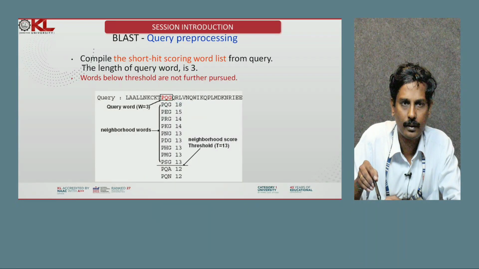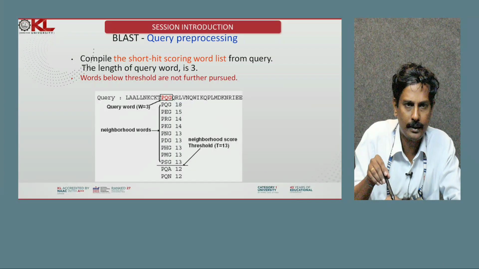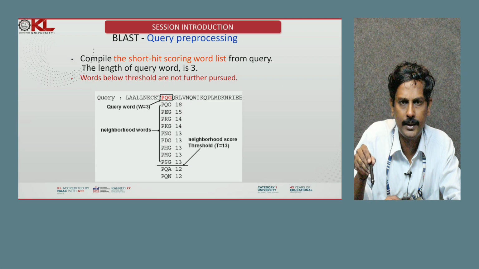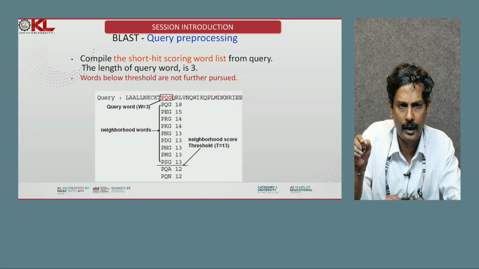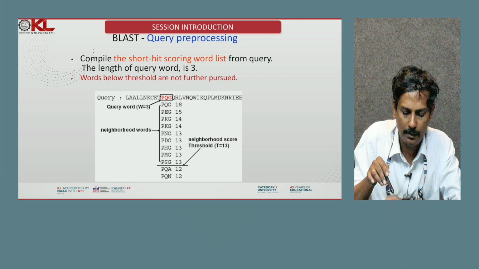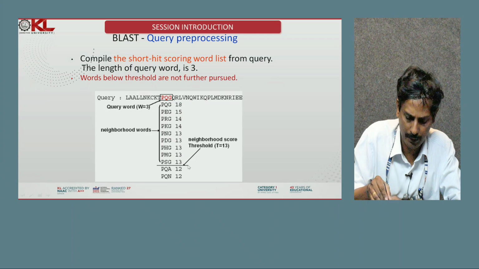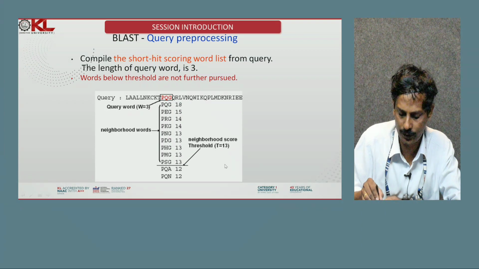This is the query processing. The final step is to compile the short, high-scoring word list from the query. The length of the query word is 3. You find how many words like PQG there are in the target database. These are the neighbor words, with a total threshold of 13.